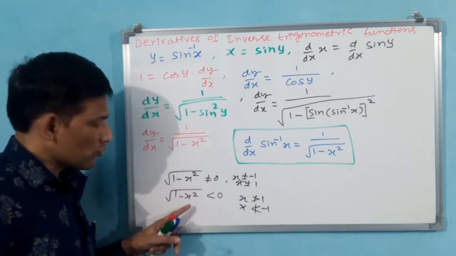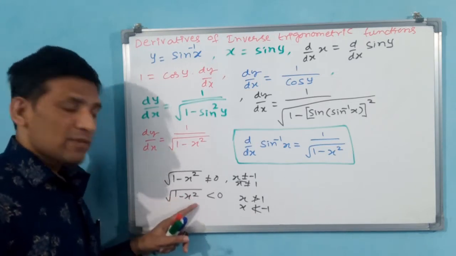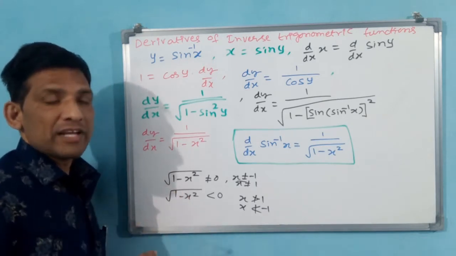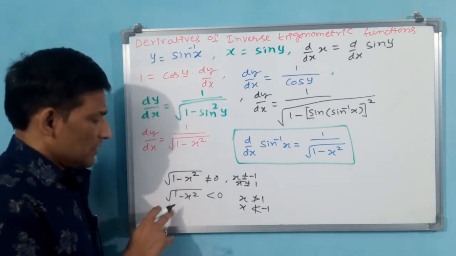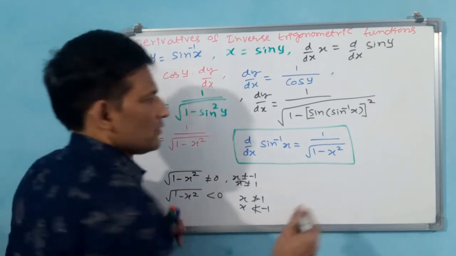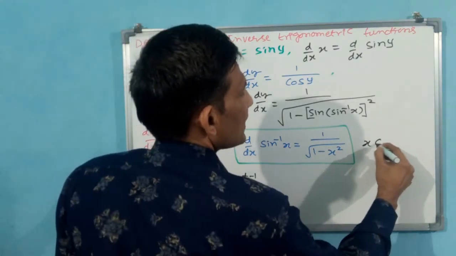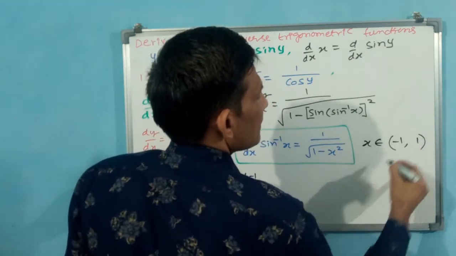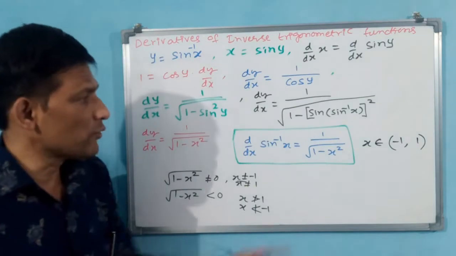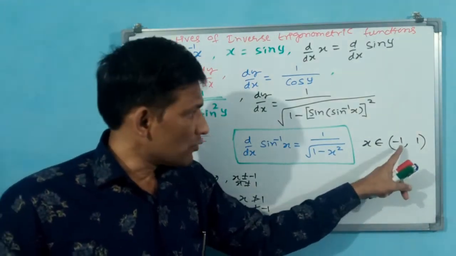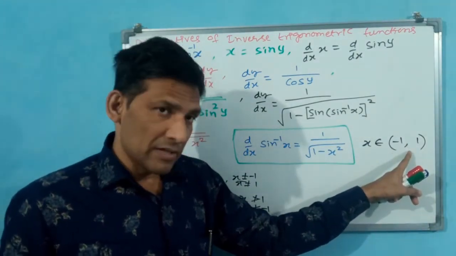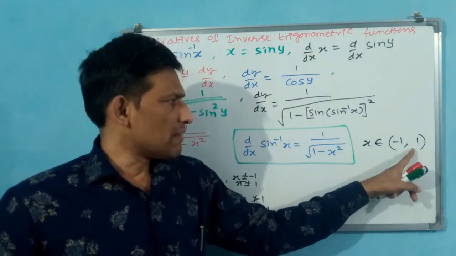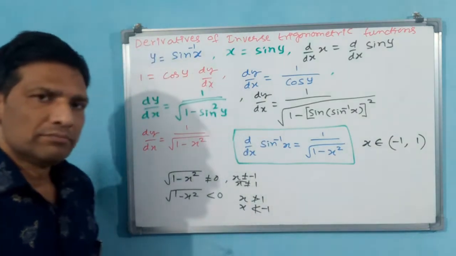Minus 2 square is plus 4, 1 minus 4, again minus 3 will come. Square root of minus 3 is not a real number. That means the value should be like this: x belongs to the open interval minus 1 to plus 1, not the closed interval. You should not give minus 1, you should not give 1, but you can give values greater than minus 1 and less than 1. 0 also you can give.